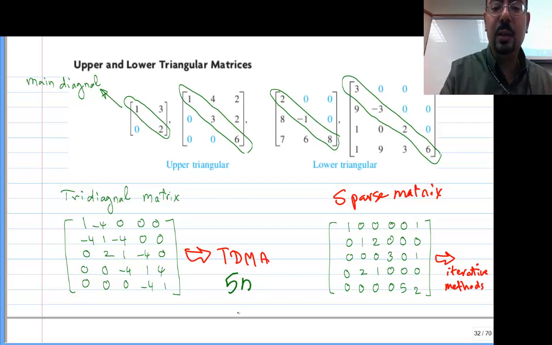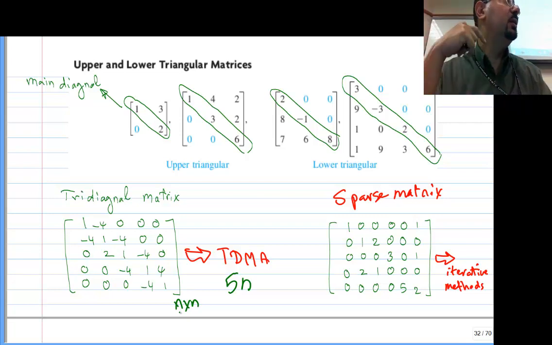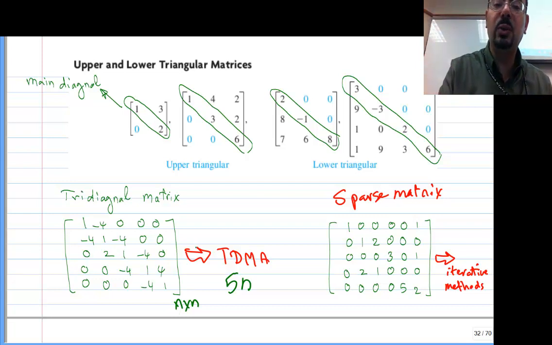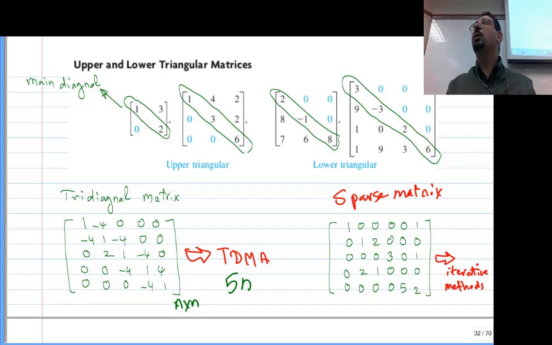If the matrix is n by n, TDMA can finish the solution in about 5n steps, compared to order of n squared when you use traditional methods. So if you have a tri-diagonal matrix, the solution is actually very quick.